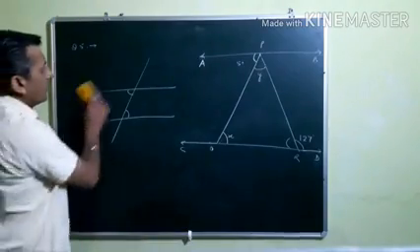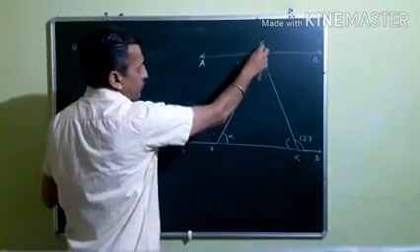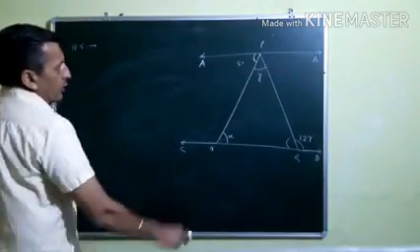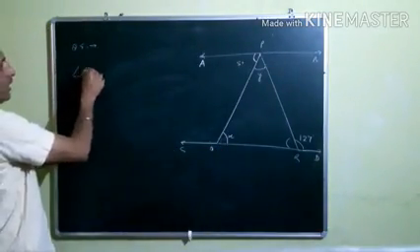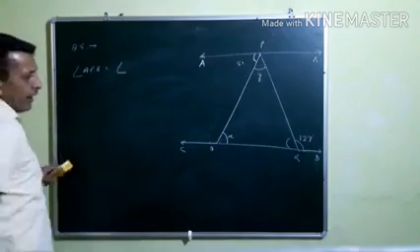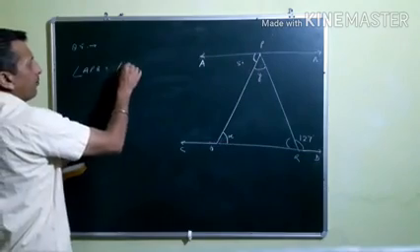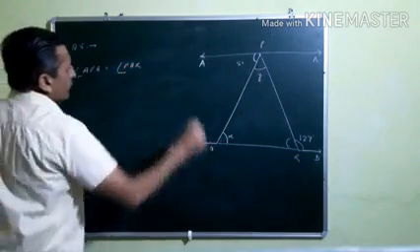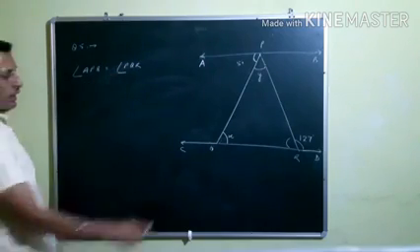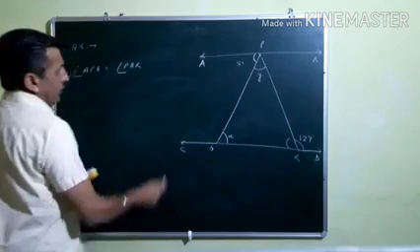In this question, he said that these two lines are parallel, and now these two lines are parallel, and suppose if we extend it like this, then it becomes your transversal. So in this case, angle APQ is equal to angle PQR, or otherwise you can say it's D. Both angles are equal because both are the alternate interior angles, because these lines are parallel, and this is your transversal.